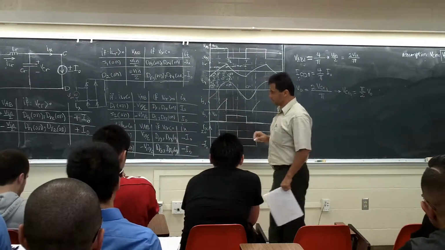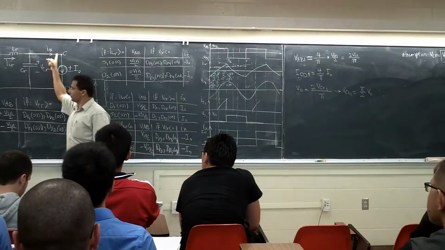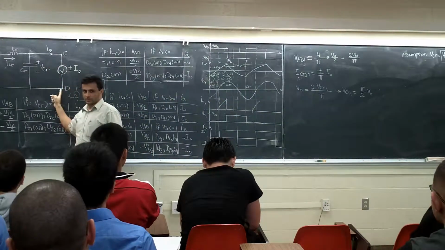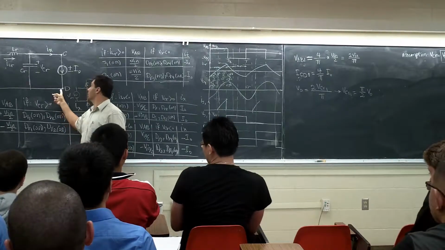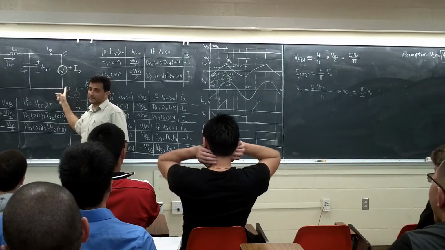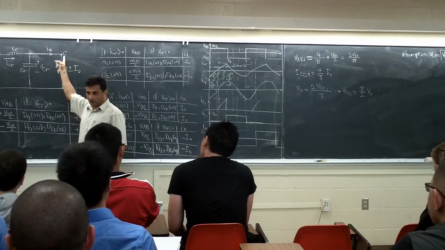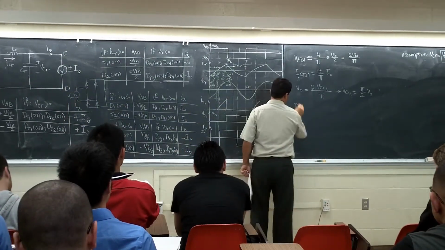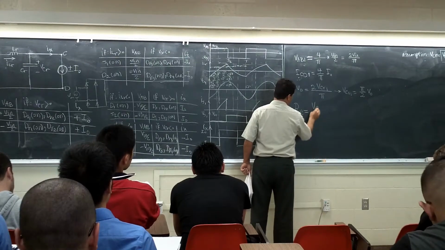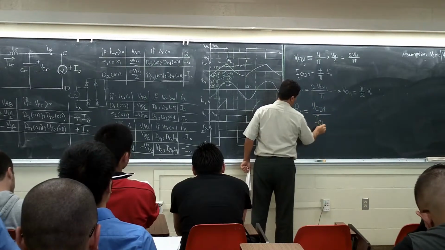Now, if I want to find my R effective here, what should I do? VCD1 divided by ICD1, right? So R effective is going to be VCD1 divided by ICD1.